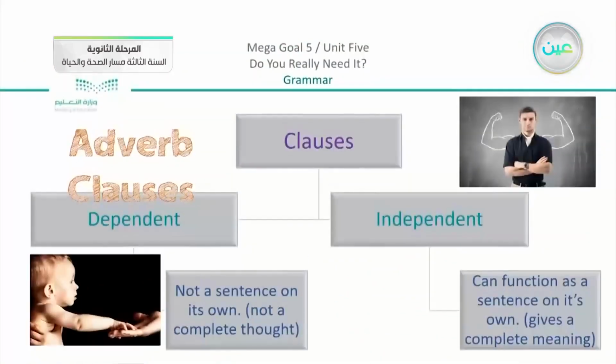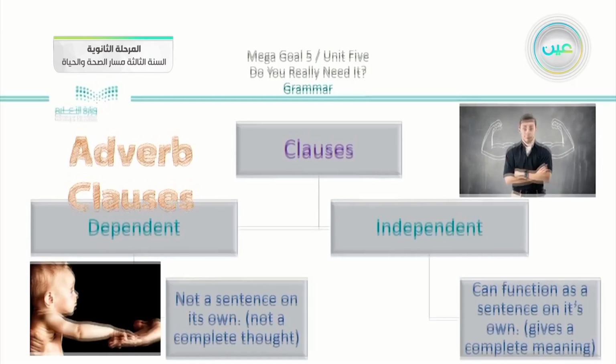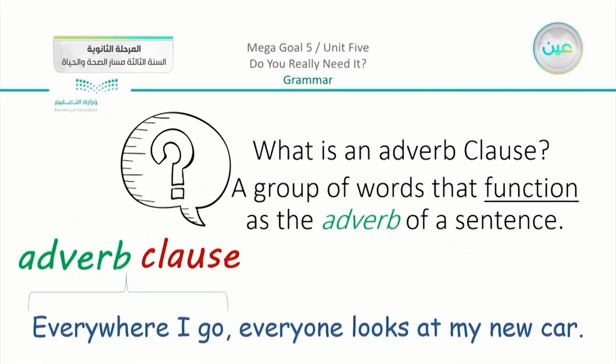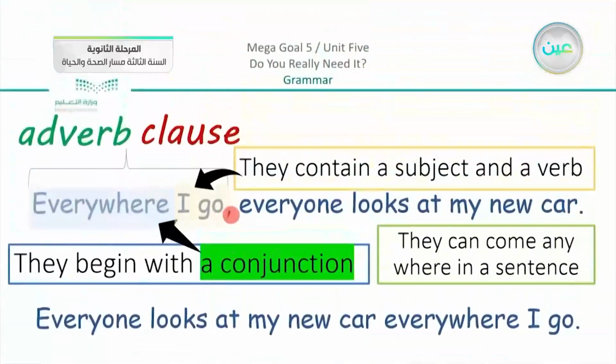Now going on, we explained how the dependent clause can be compared to a baby because it depends on someone else, and the independent clause is the complete full meaning that can be like a grown person. Now we explained the basic part, which is the adverb clause, and how the adverb clause functions as a complete adverb in the sentence.